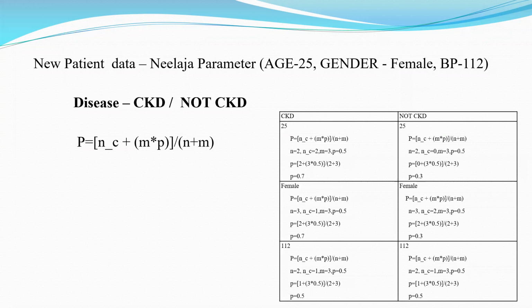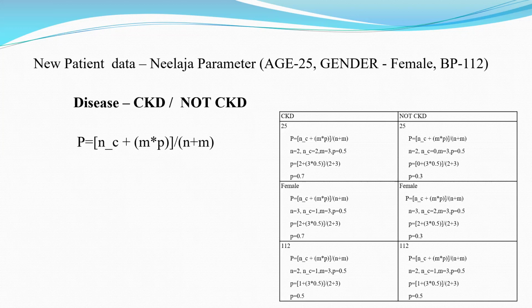Here we have got 0.7. For non-CKD, we have got the value 0.3. Why? Because n_c changes: for not CKD having the age equal to 25, the value we have got is 0. As the value varies, we get different values.